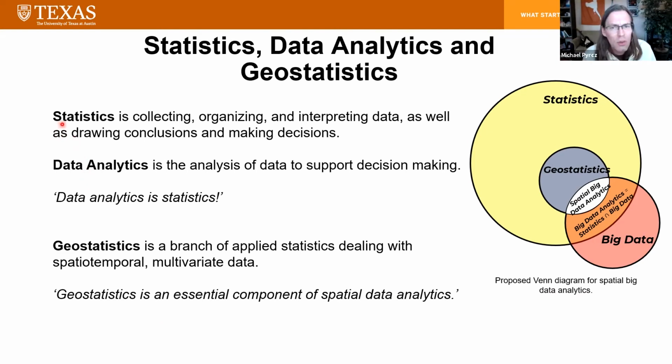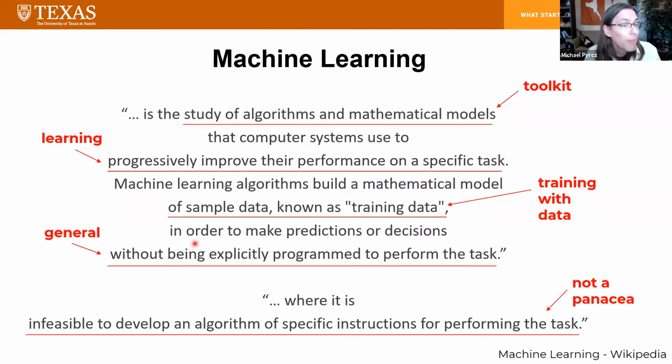Regardless, I do think that with data analytics versus statistics, there's nuance there. It's a bit challenged. Machine learning, I Googled it just like many people do. I got the Wikipedia site: a toolkit, algorithms, and thank you, Adam, you reminded us of that. Algorithms, mathematical models that computer systems use to progressively improve their performance on specific tasks they're learning.